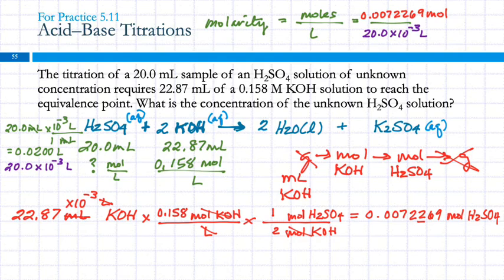You didn't? I got 12.8. Well, let me check because I make mistakes. Degrees and radians and stuff shouldn't matter for this. Well, that time I got a different number. That time I got 0.00180673. So then what I do is I go for best 2 out of 3. 22.87 EE minus 3 times 0.158 divided by 2.